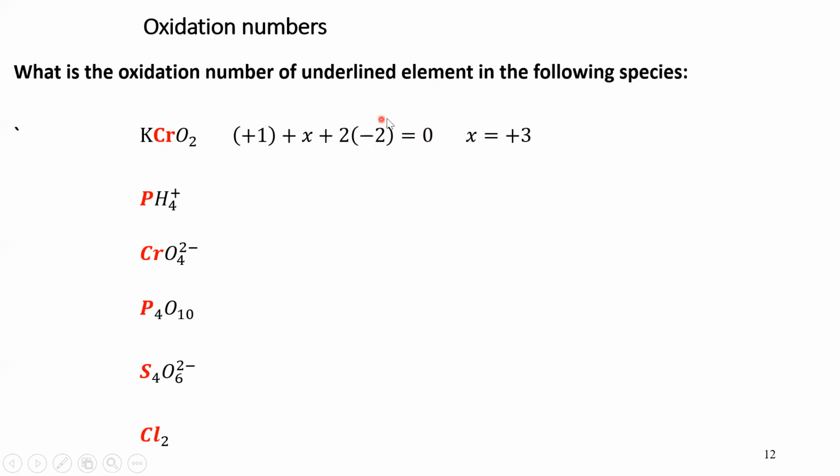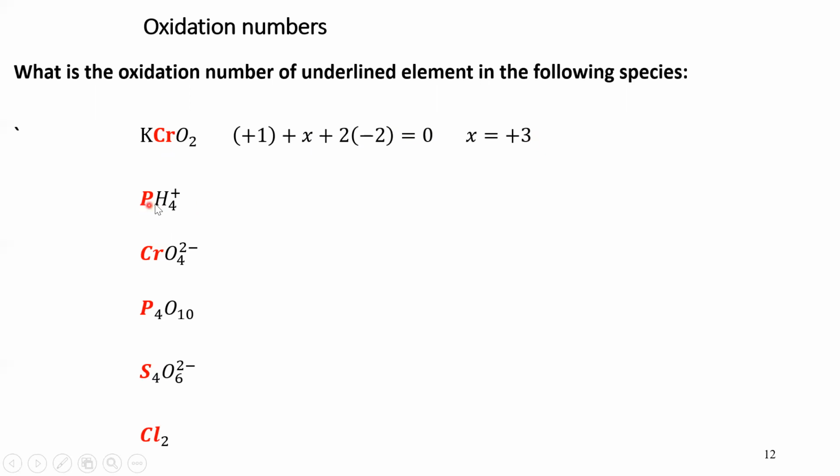So I would add 4 to both sides, subtract 1, and that would give me X. So in this compound, chromium has an oxidation number of +3. Now, chromium has several different oxidation numbers it can have depending on what it's in combination with. So we have to figure it out. So let's look at the second one.